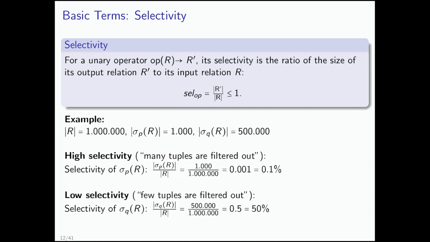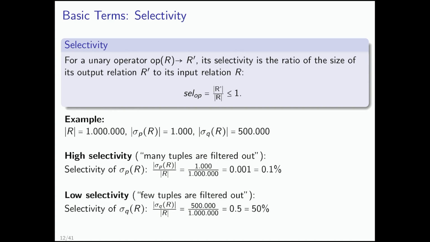In other words, many tuples are filtered out, many tuples are discarded, only few tuples are passed on to the output. And interestingly, we are calling that a high selectivity. If this number is low, this is highly selective. You have to be really careful with the naming. If someone says it's highly selective, that means only few tuples are sent to the output.